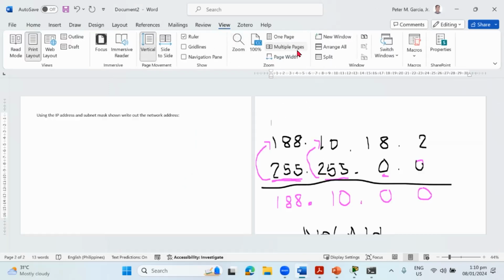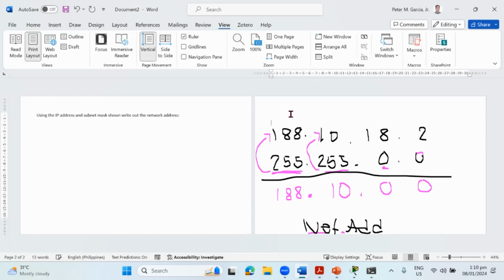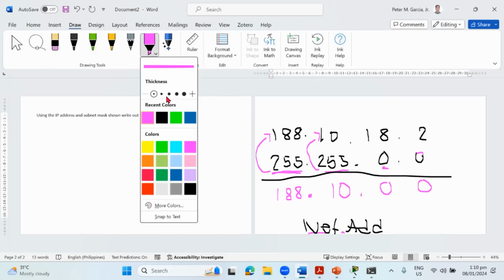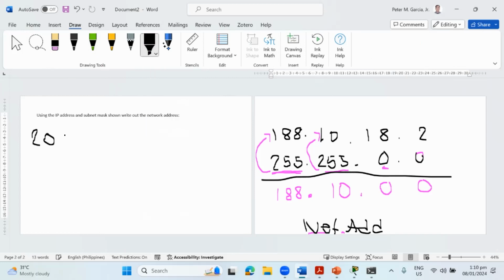Sige, sample pa uli para matandaan. So meron akong 200.120.135.15.